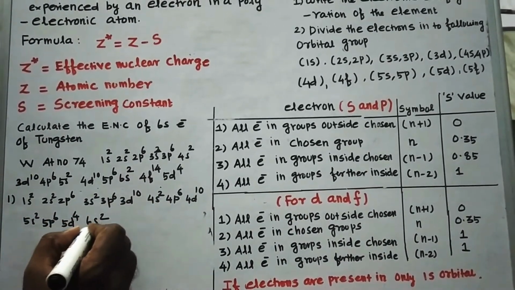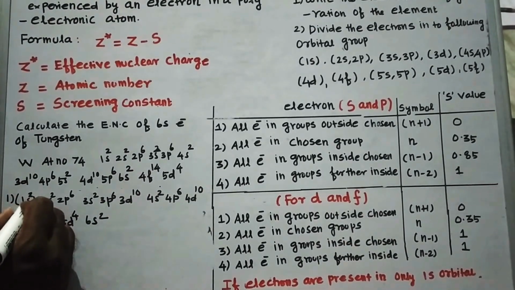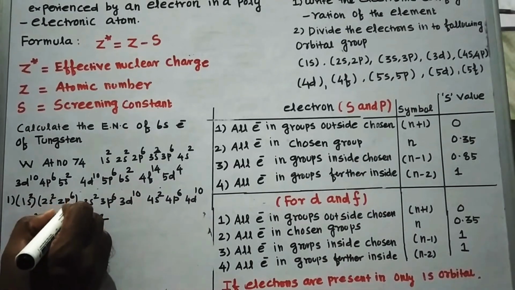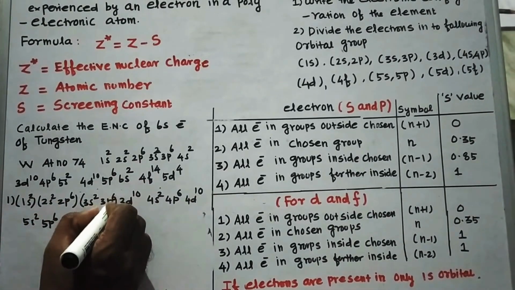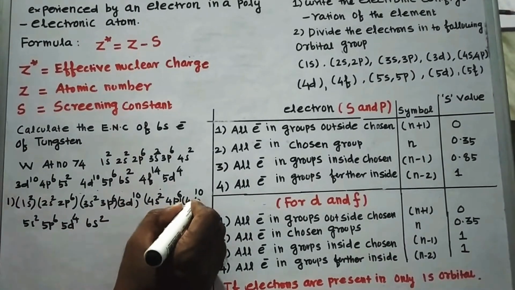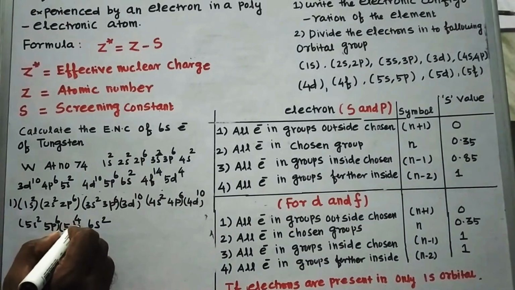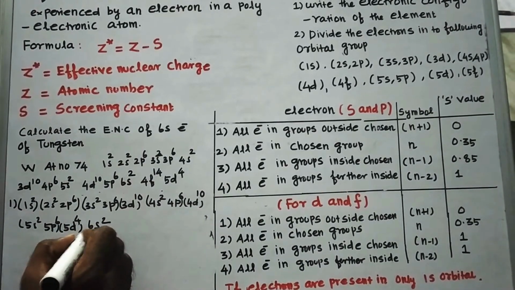Then they are divided into groups. 1s is one group, 2s and 2p, 3s and 3p, also 3d is another group, 4s and 4p, 4d, 5s and 5p, then 5d, also 6s.